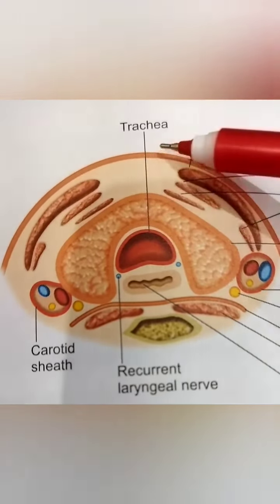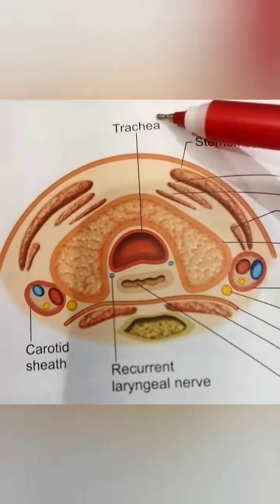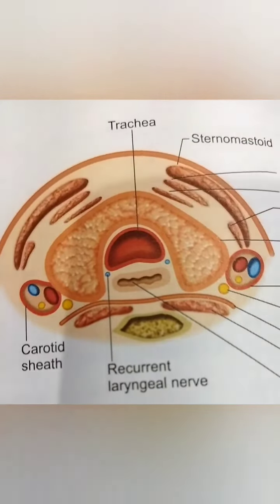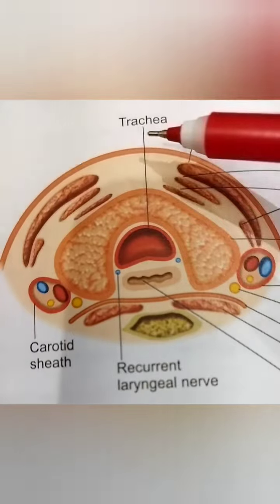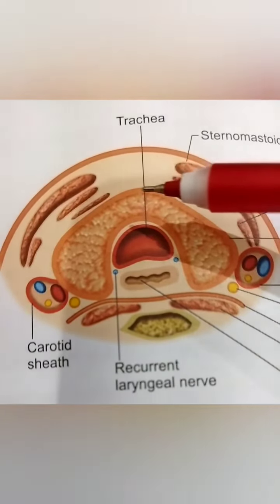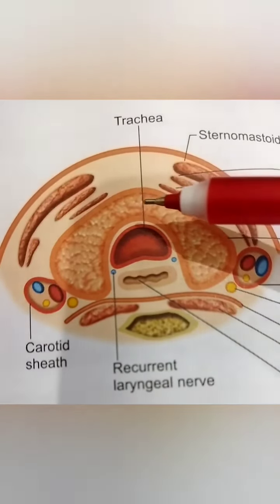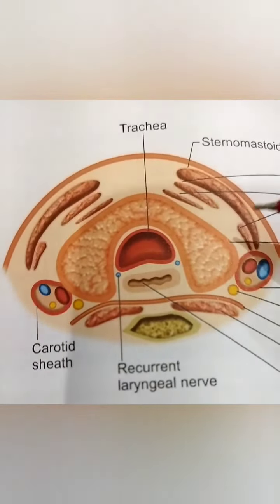Then the investing layer of the deep fascia is cut longitudinally, between the strap muscles and between the anterior jugular veins. If more room is required in case of a large goiter, the strap muscles are divided.